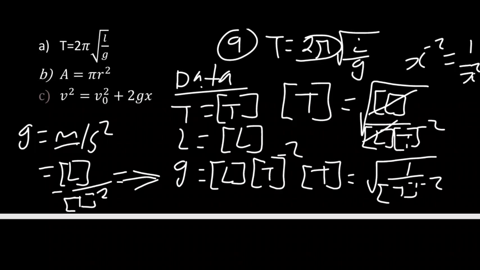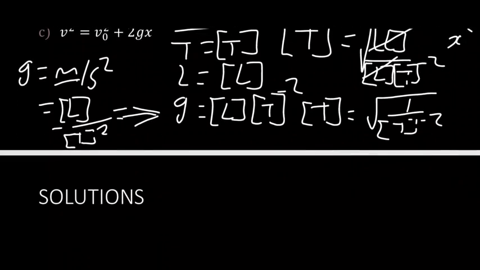Now if you have 1 over this, it means this is just x squared. So that is what it means here as well. This is what you're going to get.